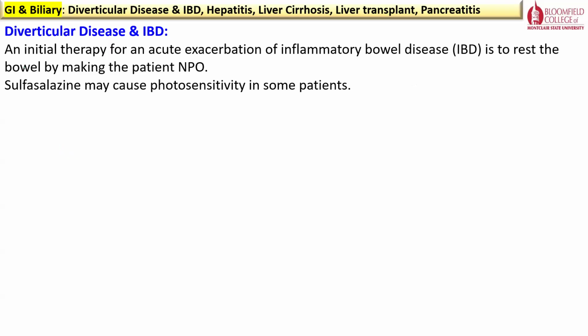We said that the abdomen will be hard, rigid, with elevated temperature. All of these are indications of peritonitis, which is an acute post-op complication of abdominal surgery. Sometimes patients with IBD or diverticular disease will undergo surgery, and post-op, if they develop any of these manifestations, that would indicate that the patient had developed peritonitis post-op.